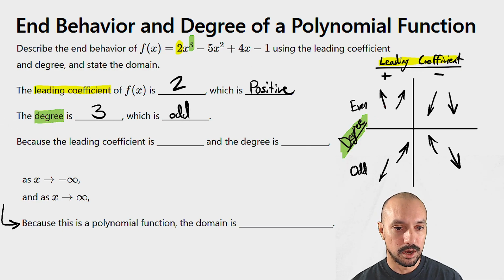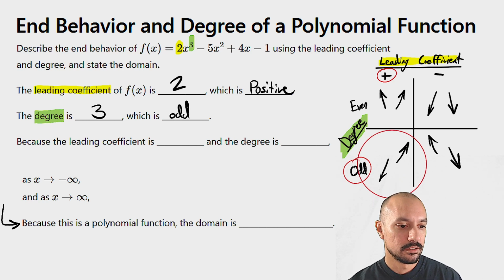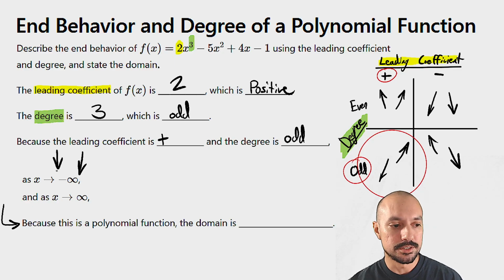And so positive and odd puts me in this case here. Because the leading coefficient is positive and the degree is odd, we can go ahead and start describing our end behavior. You're going to see this notation here, the x with the arrows and infinity symbols. Let's talk about what that means.